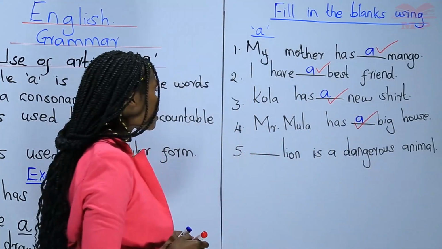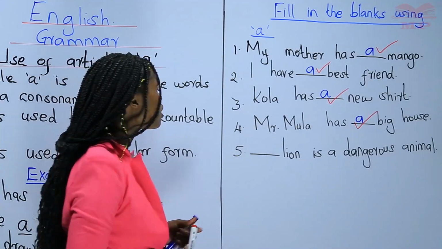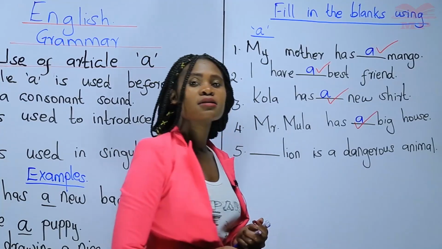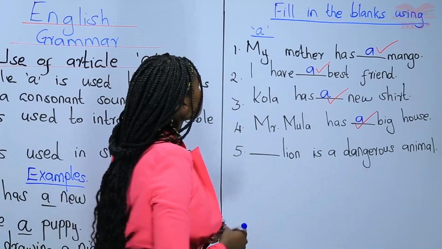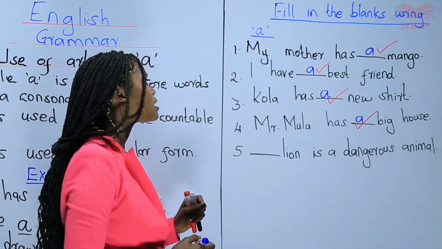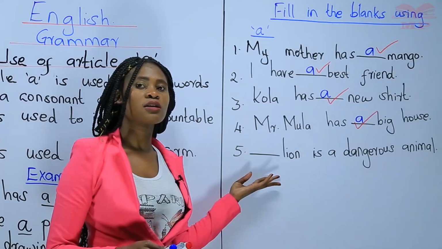And lastly, we have dash lion is a dangerous animal. So just do as the instructions have guided us. You fill in the blanks using a. But now in number 5, the dash is at the beginning of the sentence.